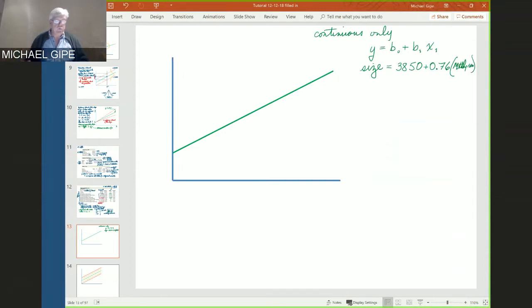And that's what our model would look like. And of course, we would have a slope of 0.76. X would be monthly revenues. And the Y is a measure of the size, and this intercept would be at 3850, B0.